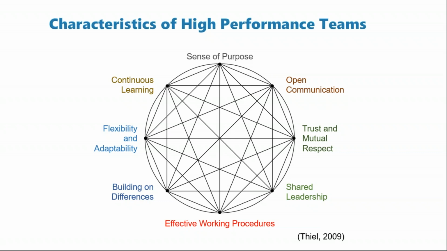For example, if you don't have open communication in your team, it's likely to impact on trust and mutual respect, and vice versa. If you don't have trust and mutual respect in your team, it's likely to impact on open communication. In other words, people may not be quite so comfortable expressing their point of view in team meetings and so forth. So those are the characteristics.